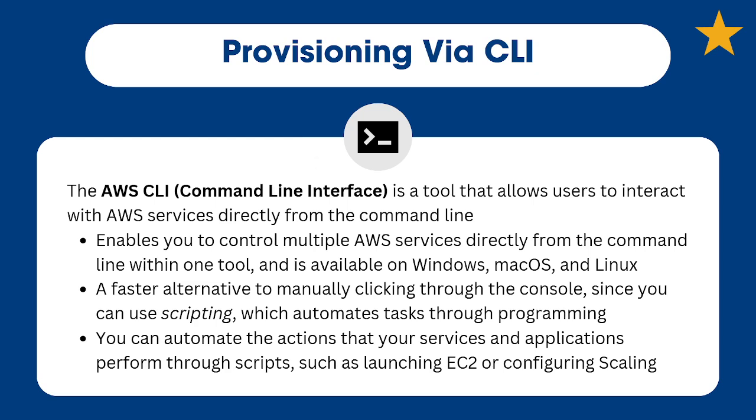Can you add more instances to my scaling group? If you want to talk to the AWS cloud in a much faster, more programmatic way, programmatic means you're probably going to be an engineer to some capacity, or even IT specialists, can definitely work with the CLI.